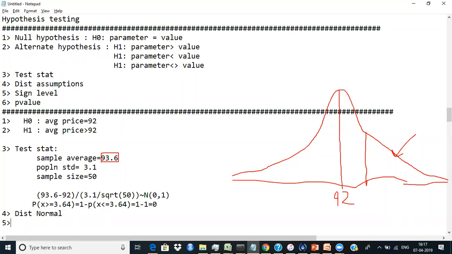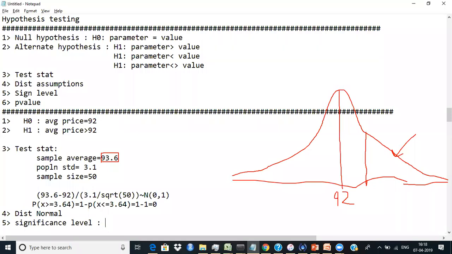Fifth one is significance level. What is significance level? Significance level tells you how low is low. So you might say a probability of 0.5 is low. I might say a probability lower than 0.3 is low. Somebody might say something different, right? There has to be a universally accepted norm. Significance level is that norm.